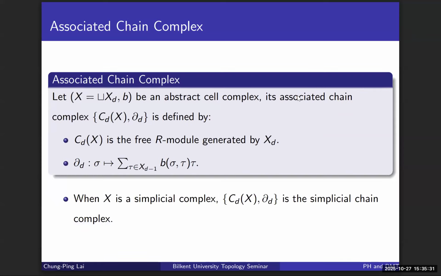An abstract cell complex has an associated chain complex, much like a lot of the combinatorial spaces out there, so we can compute homology, etc. In the case when the original complex is a simplicial complex, the associated chain complex of the cell complex will just be the simplicial chain complex.